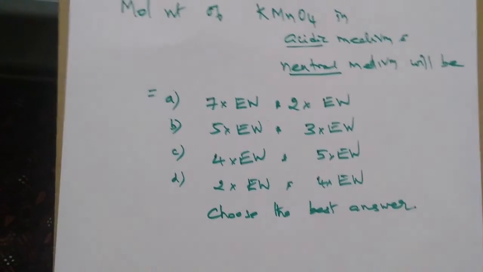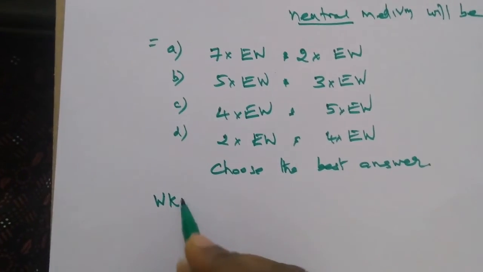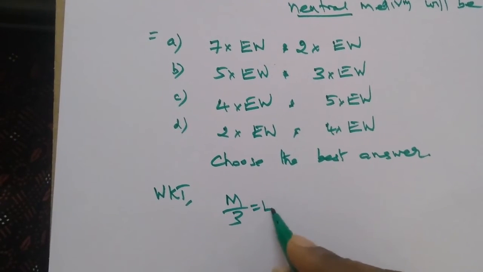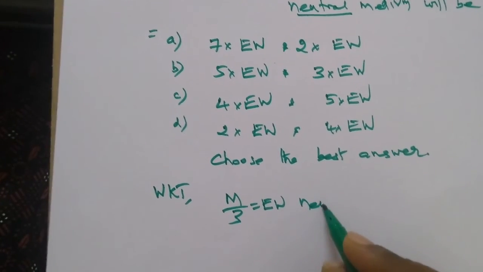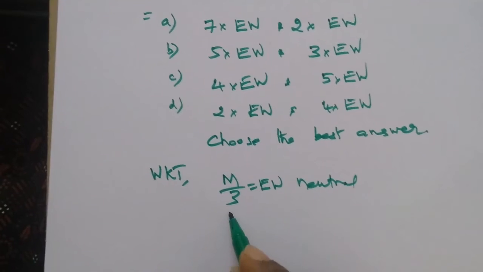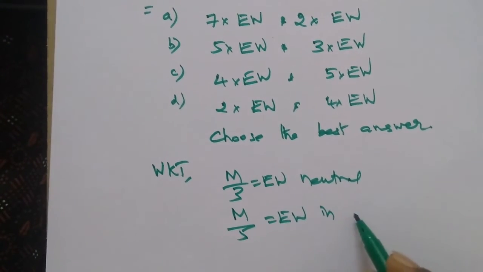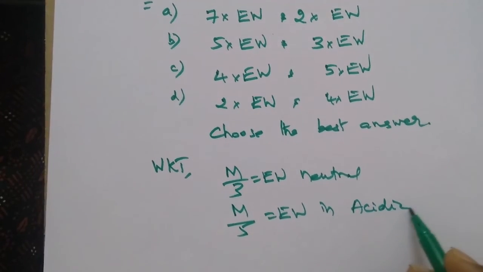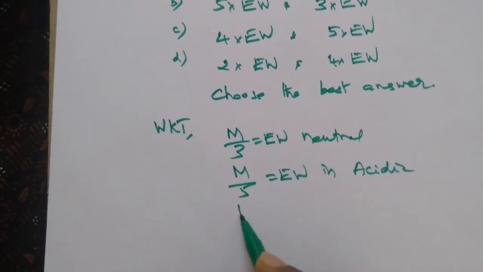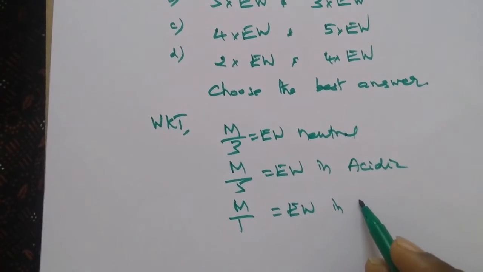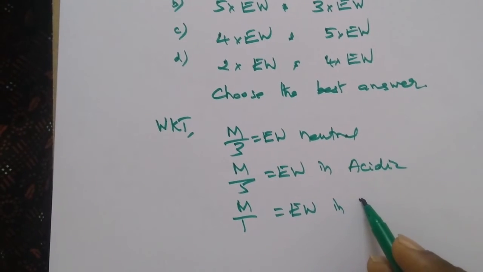Then we can easily find out the answer. So first recall what we know. Molecular weight divided by 3 is the equivalent weight in neutral medium. Molecular weight divided by 5 is equal to equivalent weight in acidic medium, and molecular weight divided by 1 is equal to equivalent weight in alkaline medium.